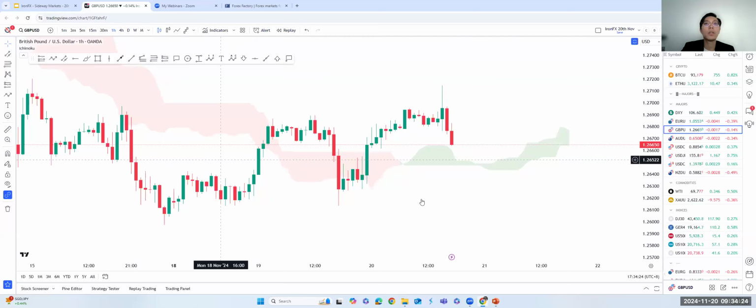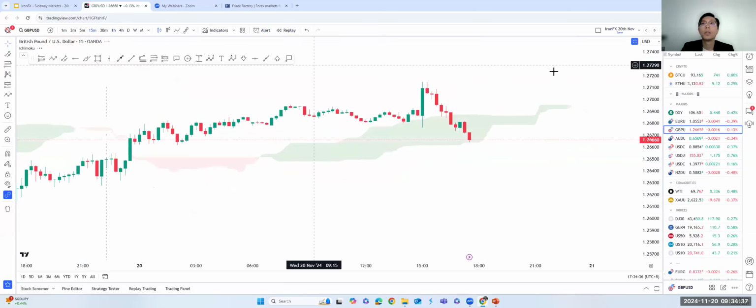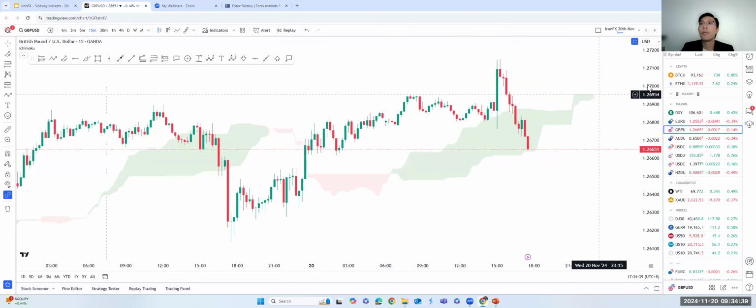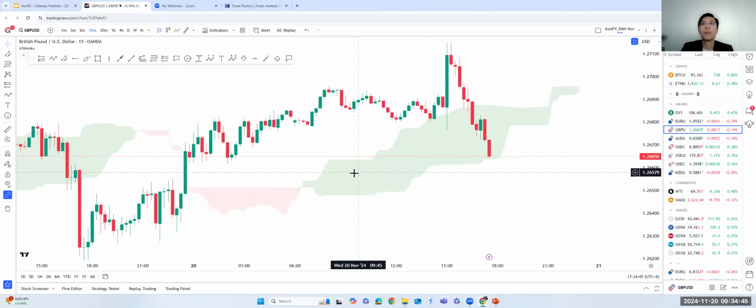Let me just mark this out. Where is my 1 hour chart? Let me go to 15 minutes and find some setups. Let me try to find a more relevant one.